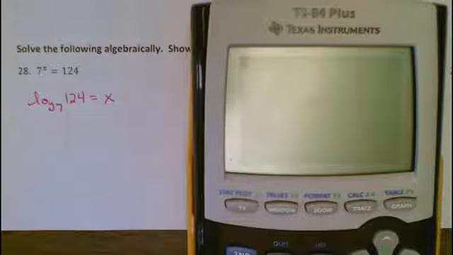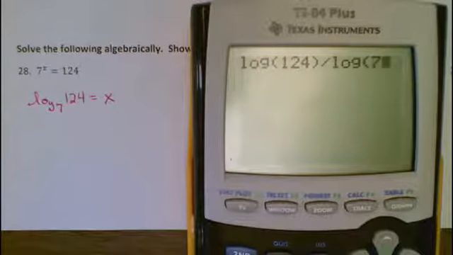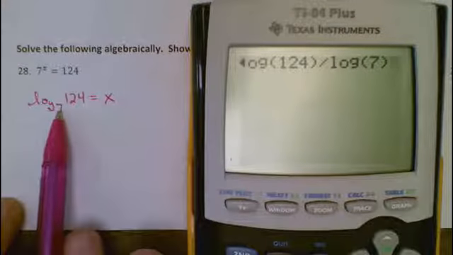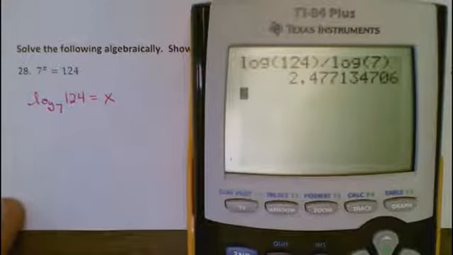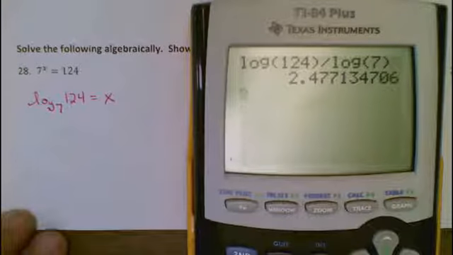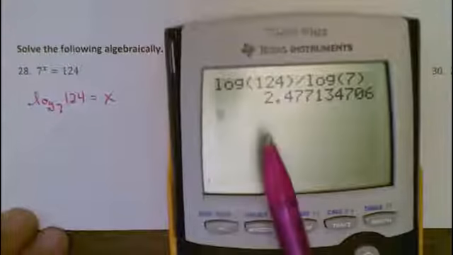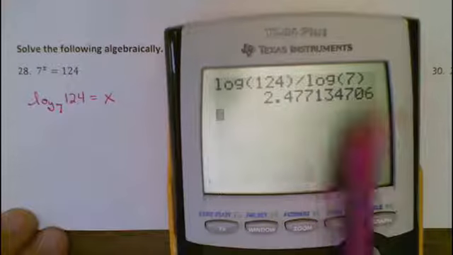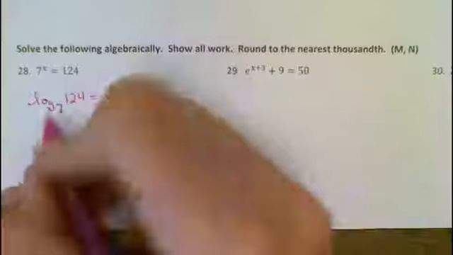So we have to take the log of 124, close your parentheses or hit enter, divided by the log of 7. Change of base says you can take the log of this number divided by the log of your base. And I get 2.4, and they tell me to round to the nearest thousandth. So 2.477, because the next number is a 1.